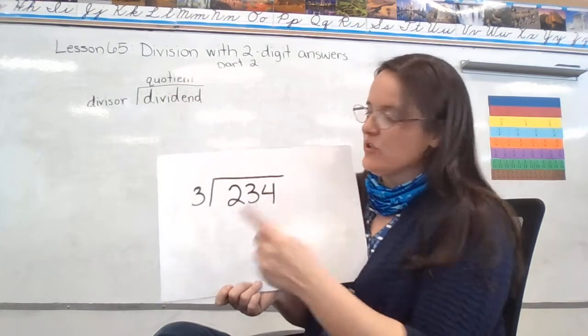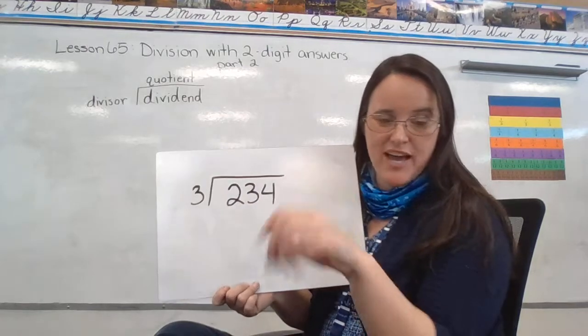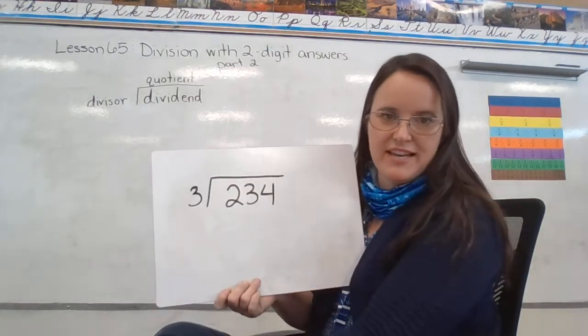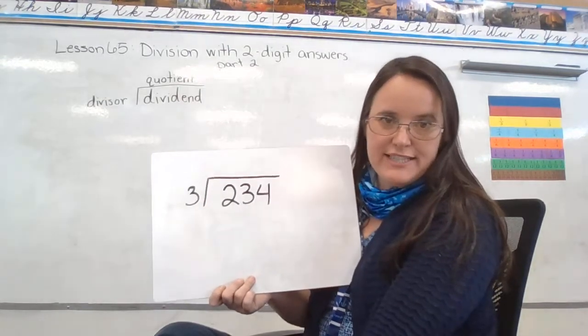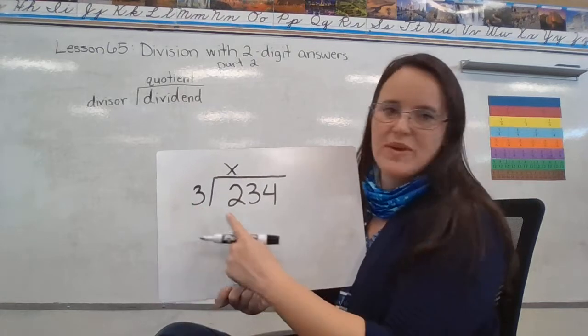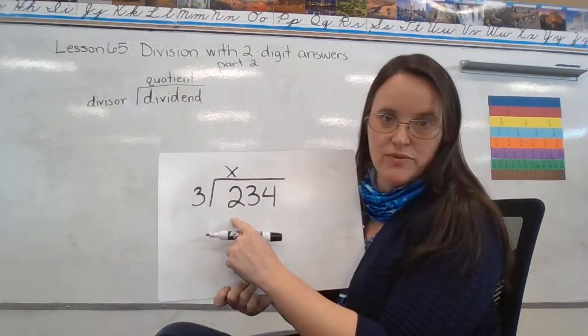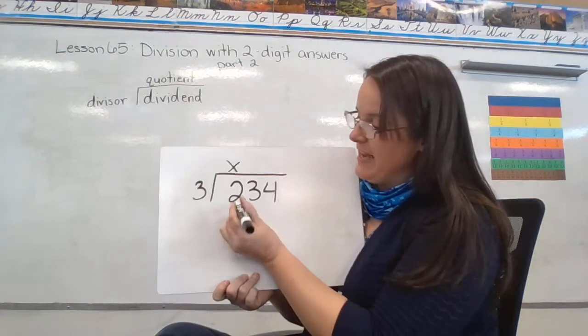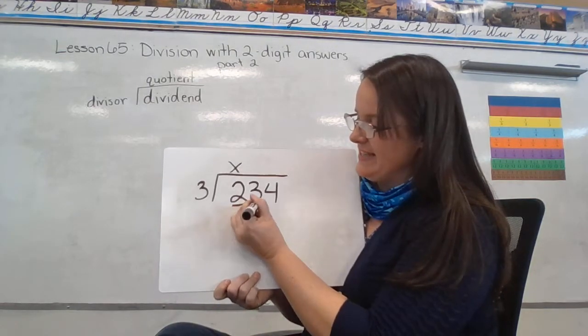No, I can't. So 3 goes into 2 0 times. And since we don't usually write zeros at the beginning of our numbers, what I usually tell my students to do is just put an X there to show 3 can't go into 2. So we're not going to ignore the 2. We still have to deal with it, but now we get to combine it with that next digit.